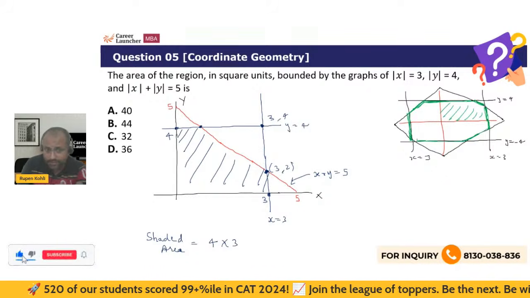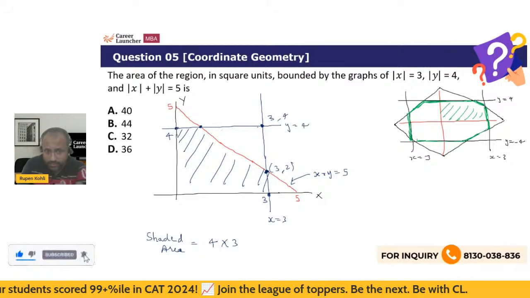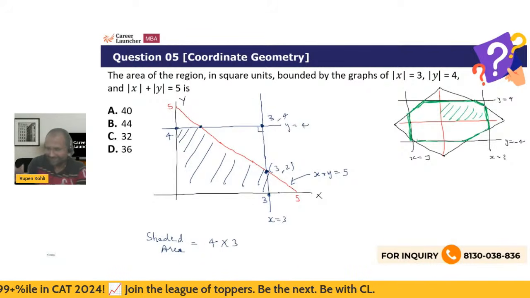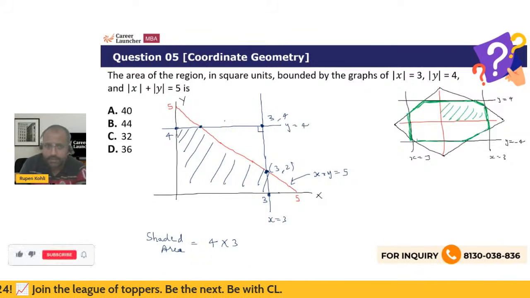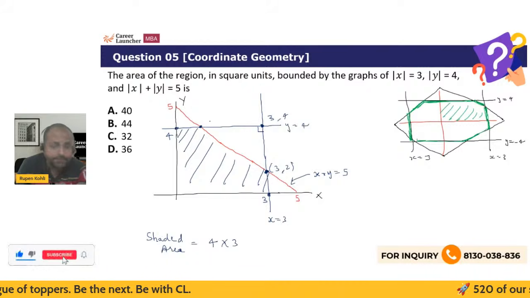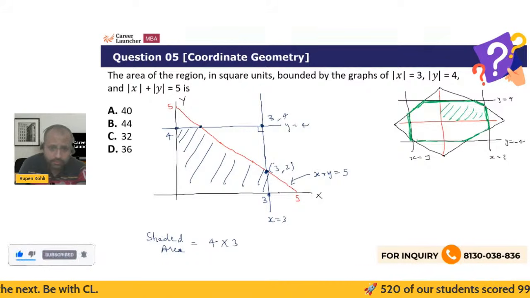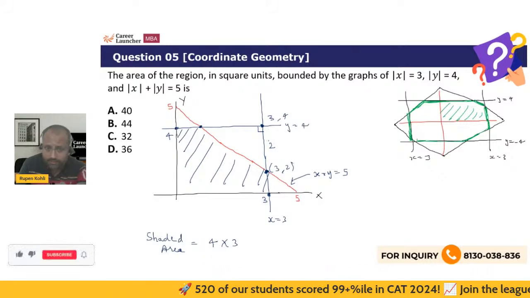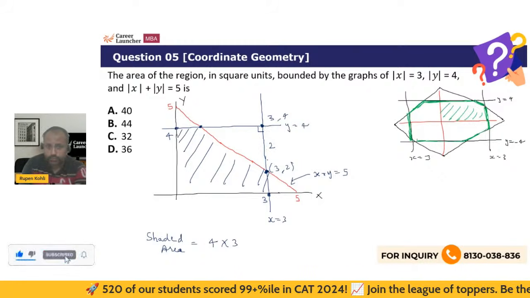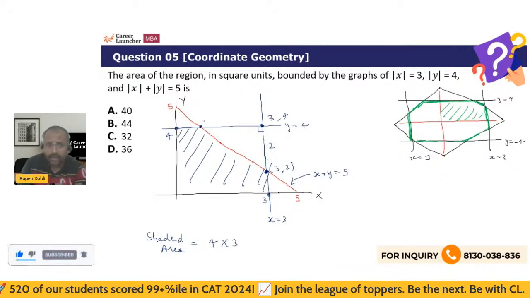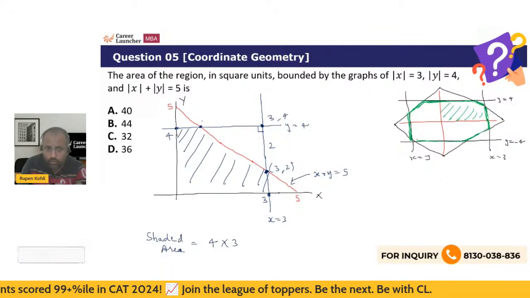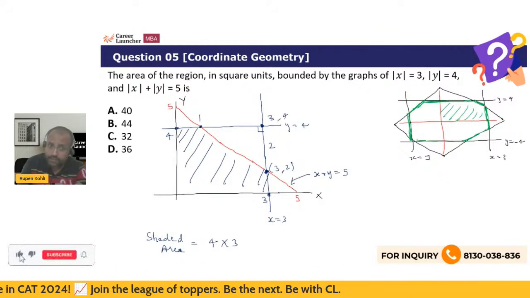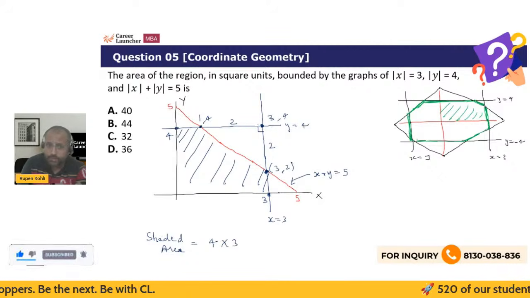Because I have to find this base and this height of this right angle triangle. Obviously, this is a right angle triangle, right? Vertical and horizontal lines meeting at a 90-degree angle. So this being 3, 2, this being 3, 4, this side is 2 units in length. And likewise, this being y equal to 4, here y is 4, so x is 1. So this is 1 comma 4. So 1, 4 and 3, 4 again are separated by 2 units.